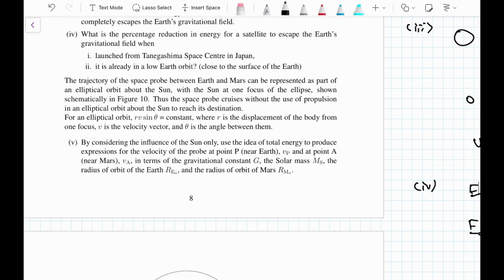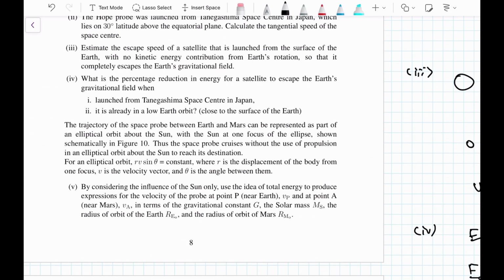So that's this diagram over here. Thus the space probe cruises without the use of propulsion in an elliptical orbit about the Sun to reach its destination.